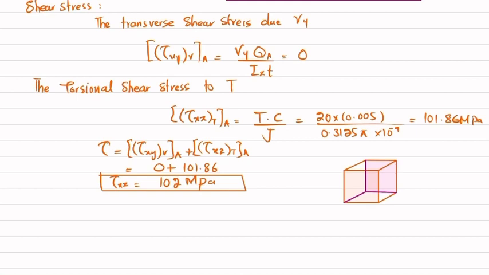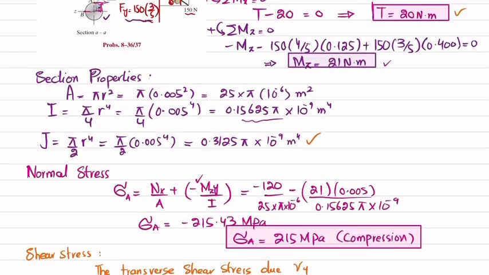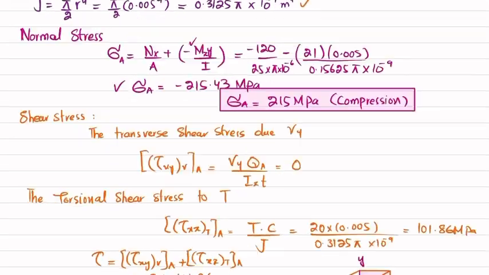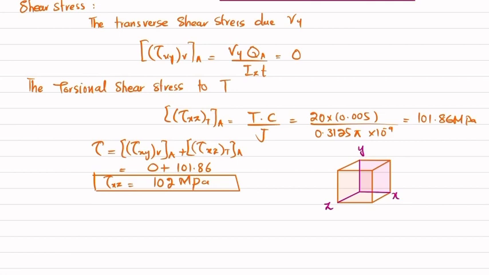So this was your y-axis, this was your z-axis, and this was your x-axis. So normal stress in the direction of x is minus 215. So we will represent this stress as compressive. So this stress will be like 215 megapascal.